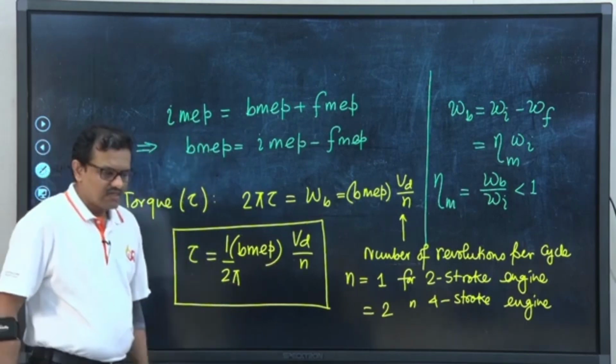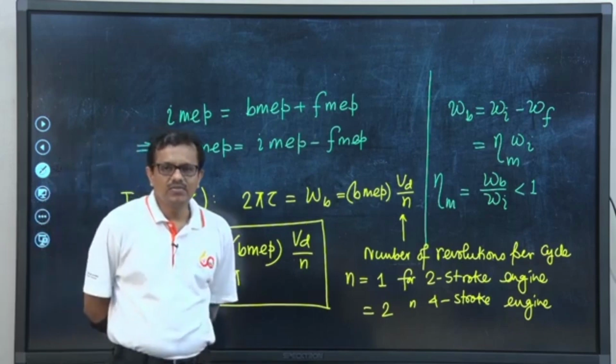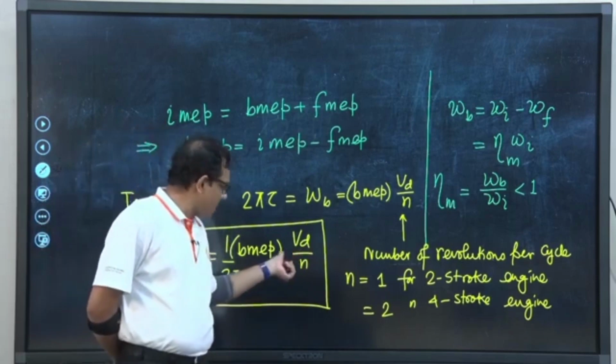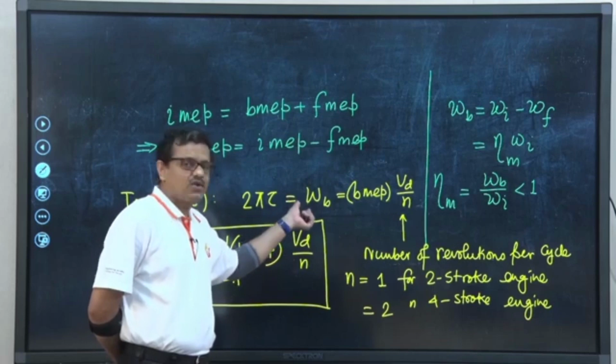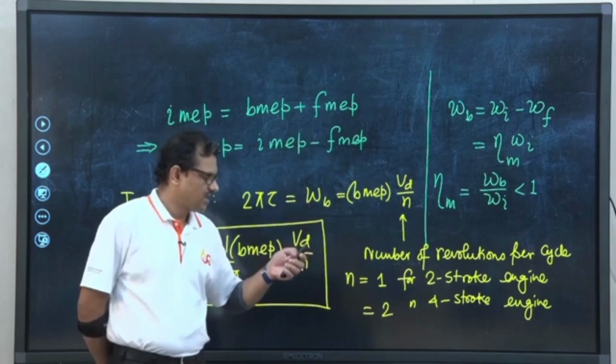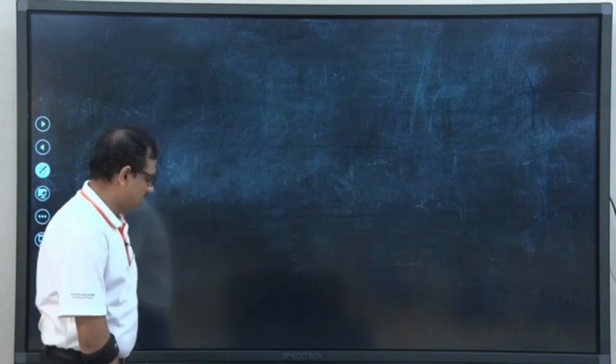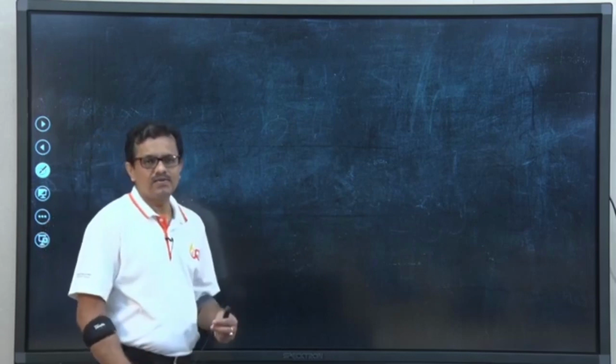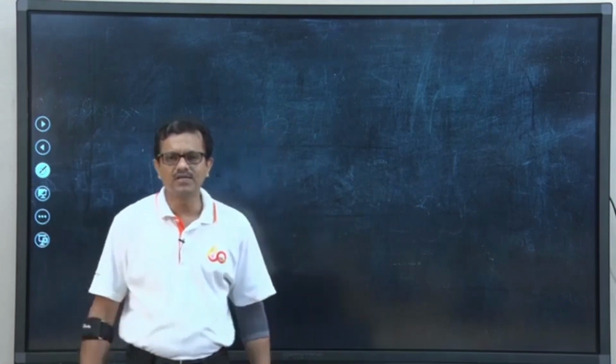Now, the question is why brake mean effective pressure and why brake work, which we have already discussed. Next is another important parameter which will be mostly used to compare engine performance, that is power, right.